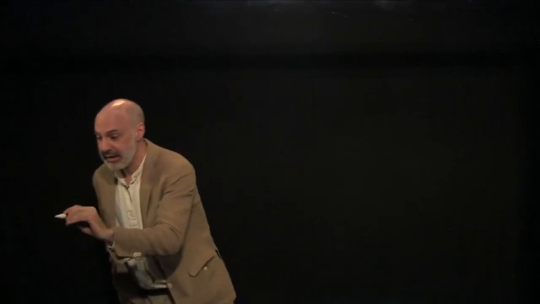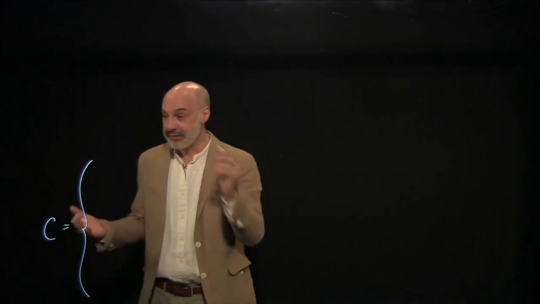So I'm going to start by talking about Cayley paths without worrying about how they are implemented geometrically. So I'm just going to think of the Cayley graph as a collection of paths.